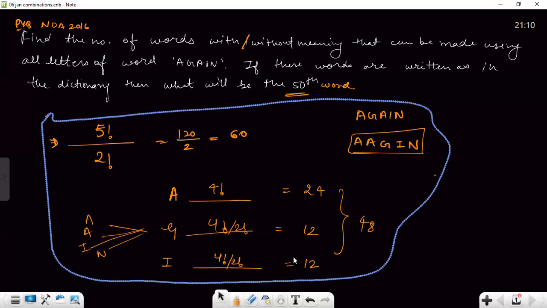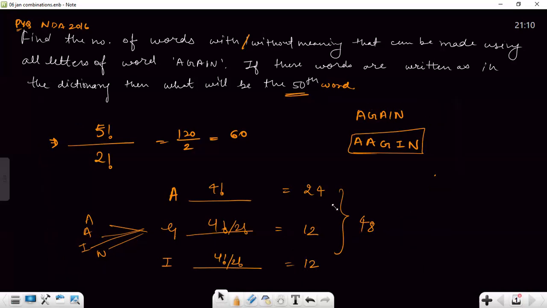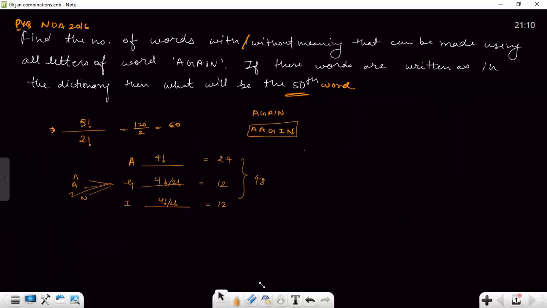So after I comes N. Now we do not have to skip all the words because we know we have to find the 50th word. So whatever the next word will be is the 49th word. So the 49th word will be, after N comes naturally A, then again A, then comes G, then comes I. N is already used. So this is the 49th word.